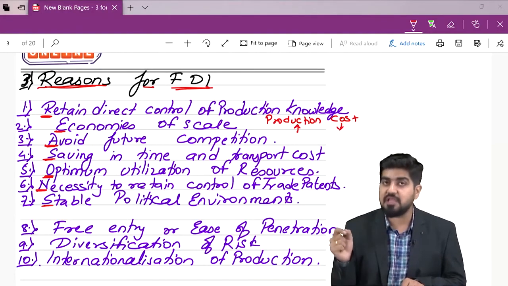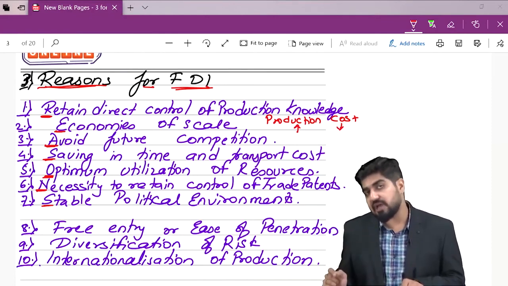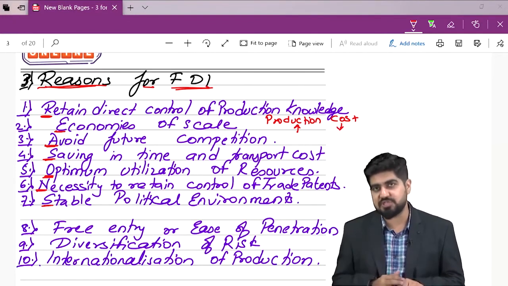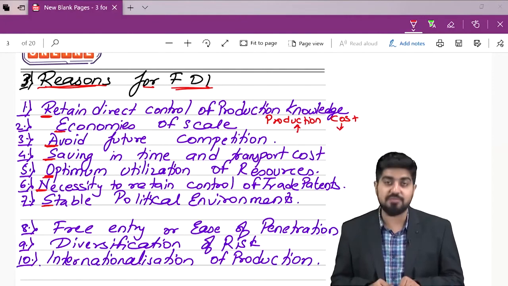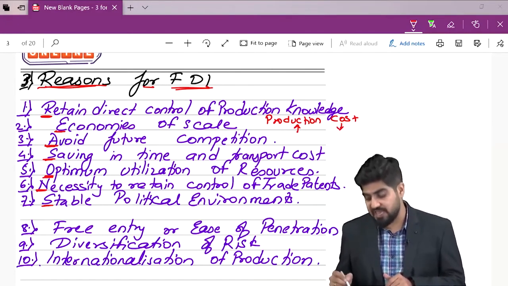If they are stable, that means the business can grow. So if the political environment is stable and predictable, we can attract more investors. That will be our point number 7. So far, friends, we have completed the reasons, REASON.